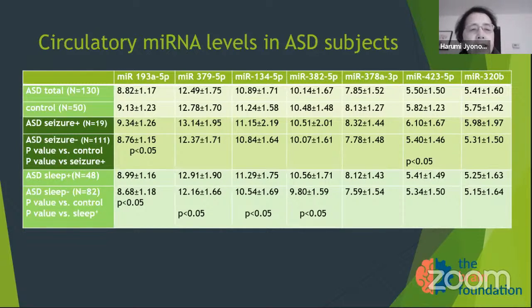In general, PCR count is lower in the sleep negative, which means the levels of the circulating microRNA are higher. The other 3 didn't show a significant p-value, but it's very close, like p equals 0.06 or 0.07. So it's a tendency.